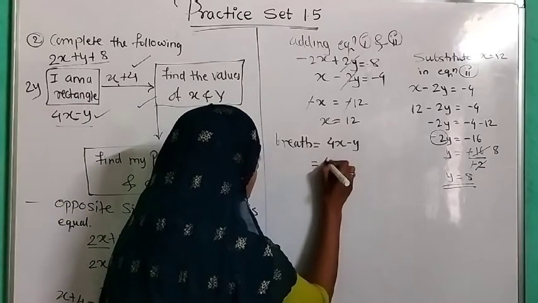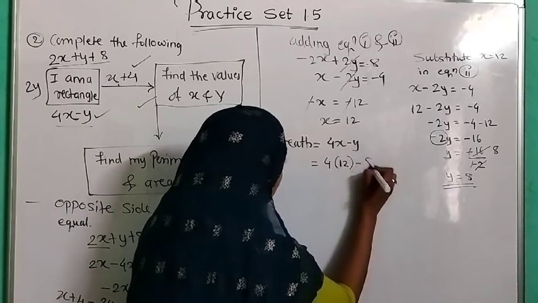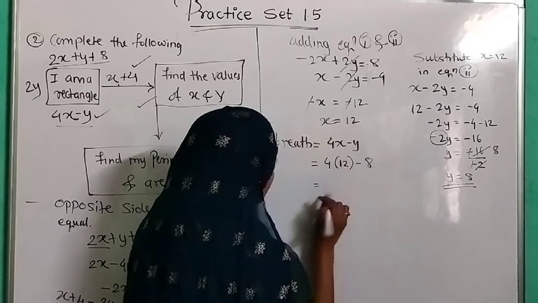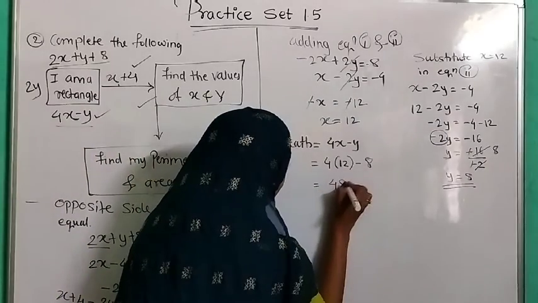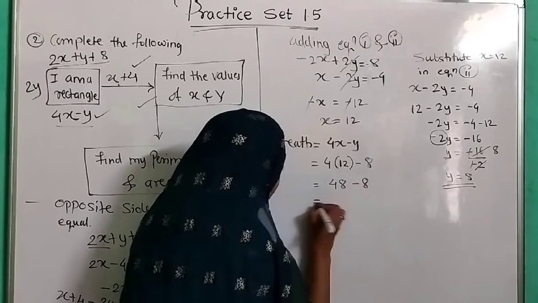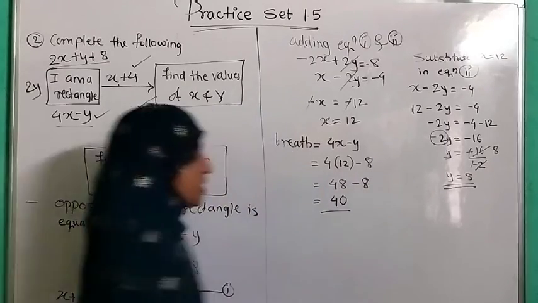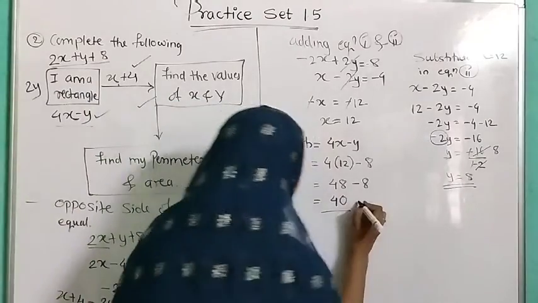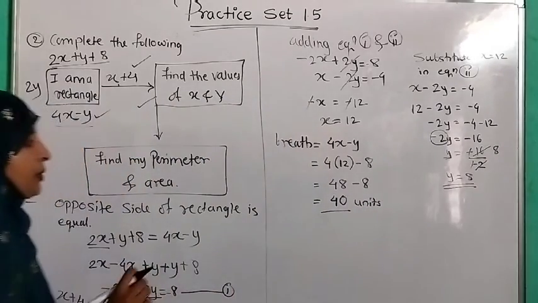So we are going to substitute 4 into 12 minus y is equal to 8. So 4 twelves are 48 minus 8. So we get the value of breadth is equal to 40. 48 minus 8 is equal to 40 units. Because the unit is not given.